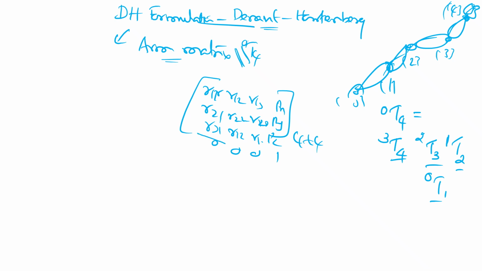In this, the 3 cross 3 part says about the orientation, because it represents X, Y, Z of the current frame compared with X, Y, Z of the reference frame. So this is the reference frame, and this is the current or moving frame. T40 means the fourth frame referred to the zero frame. The fourth frame x-axis is compared with the reference frame x-axis, the y-axis likewise, and the z-axis of the fourth frame is compared with the axes of the zero frame.